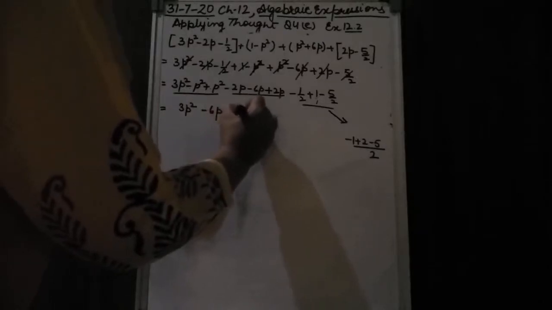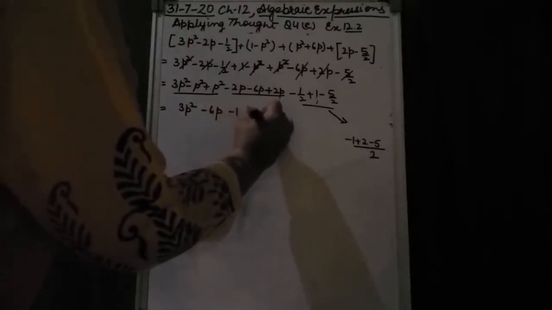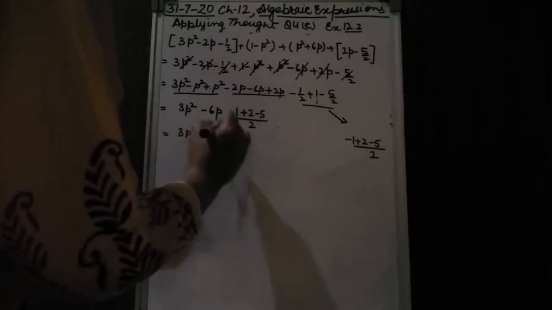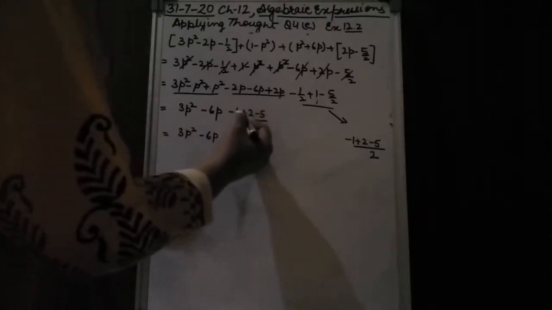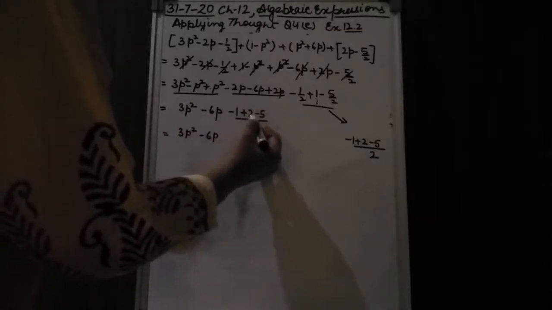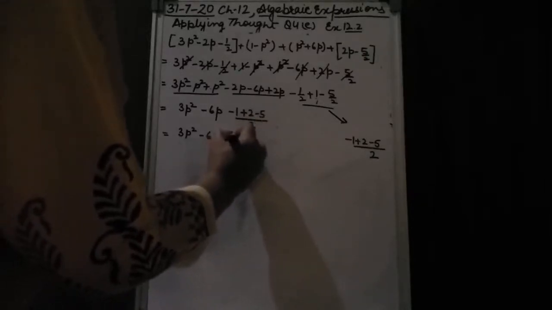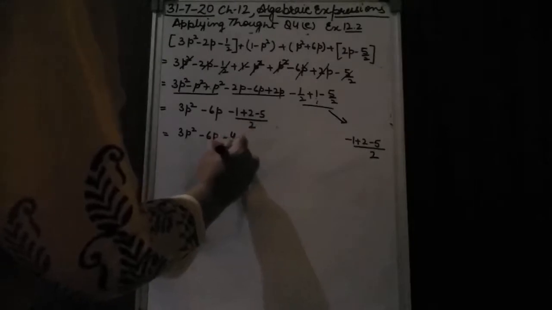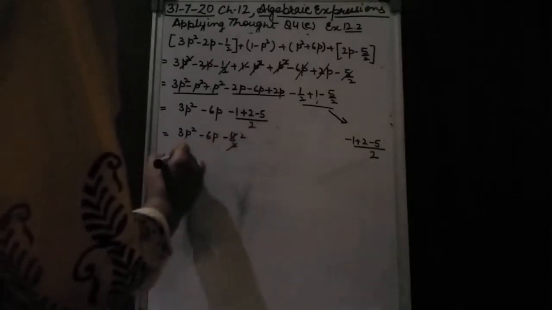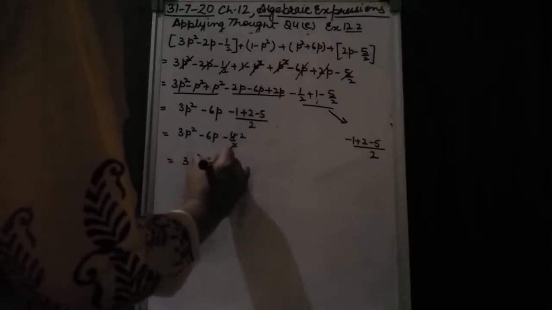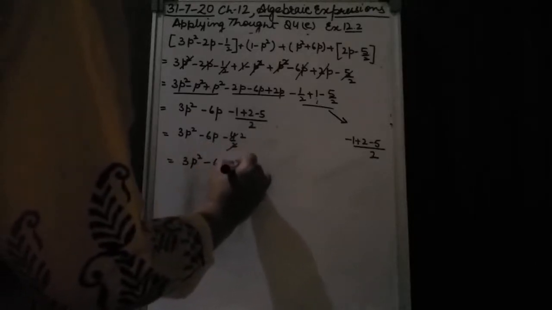Minus 1 plus 2 minus 5 upon 2. So this becomes 3p square minus 6p minus 1 and minus 5, minus 6 plus 2 minus 4. So minus 4 upon 2 and they will be cancelled. So my answer is 3p square minus 6p minus 2.